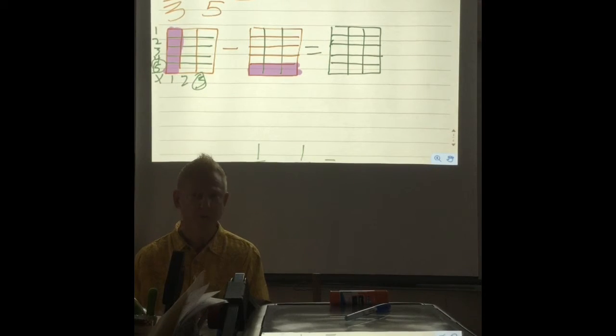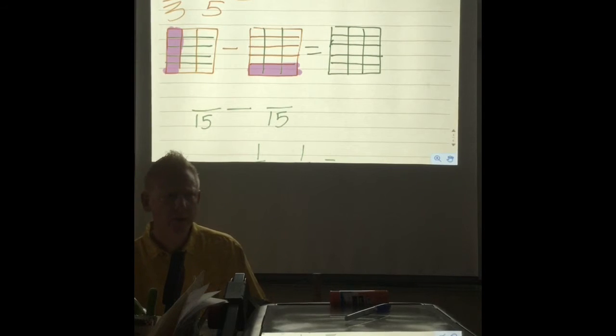Okay. 5 times 3 is what? 15. So our bottom number is going to be a 15. Good job. Did you guys get that okay? Good. And if that's a 15, then what's the other number on this side? 15. Yeah, it's going to be 15 as well. So let's go ahead and put our 15 down.